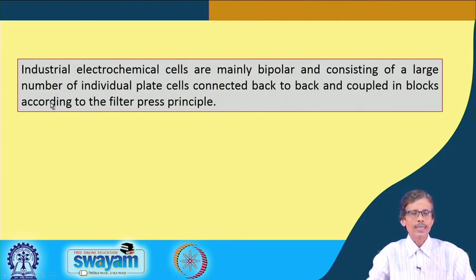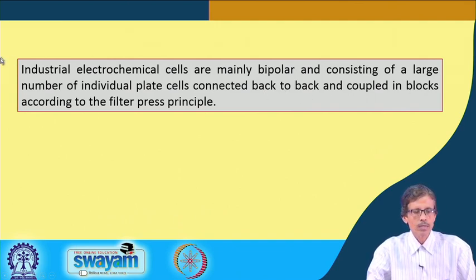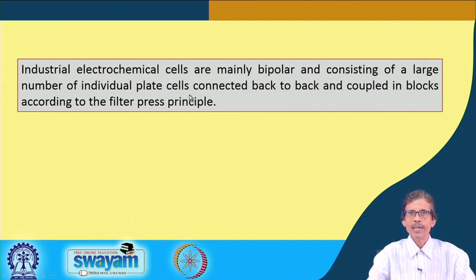Thus, we see that industrial electrochemical cells are mainly bipolar and consist of a large number of individual plate cells connected back to back and coupled to a block according to the filter press principle.